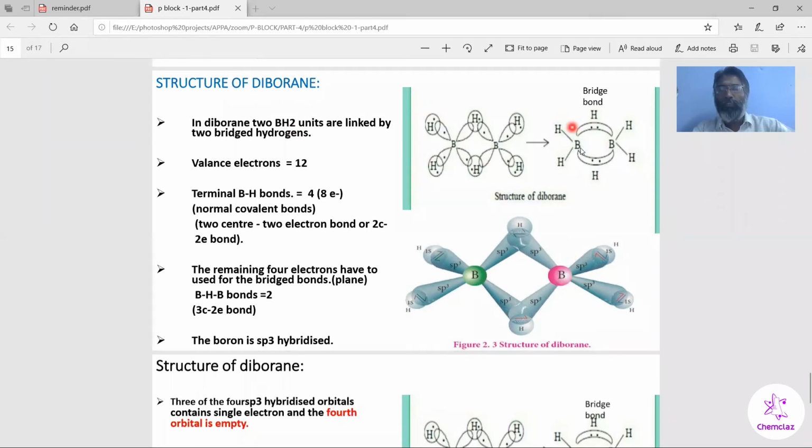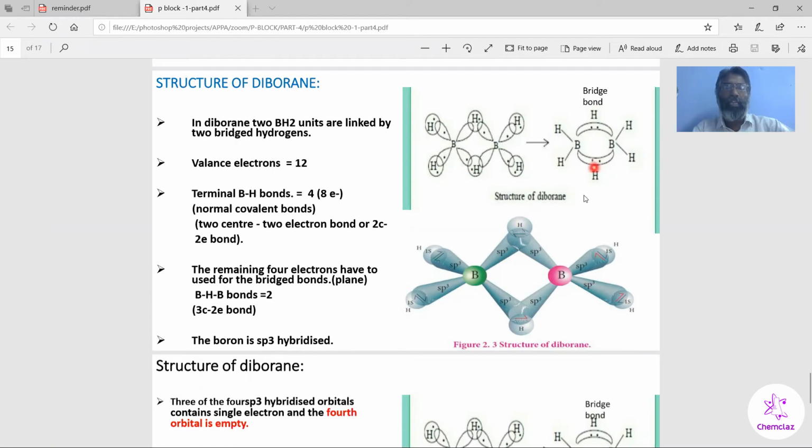These 2 units are linked through hydrogen. This bond is called the bridge bond, the bridge hydrogen bond.